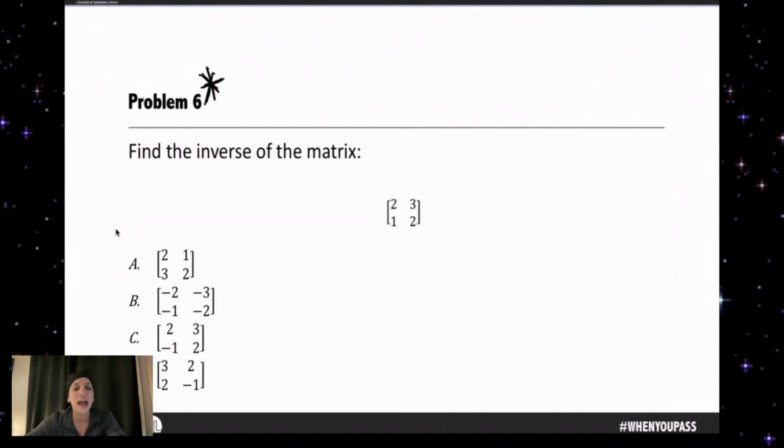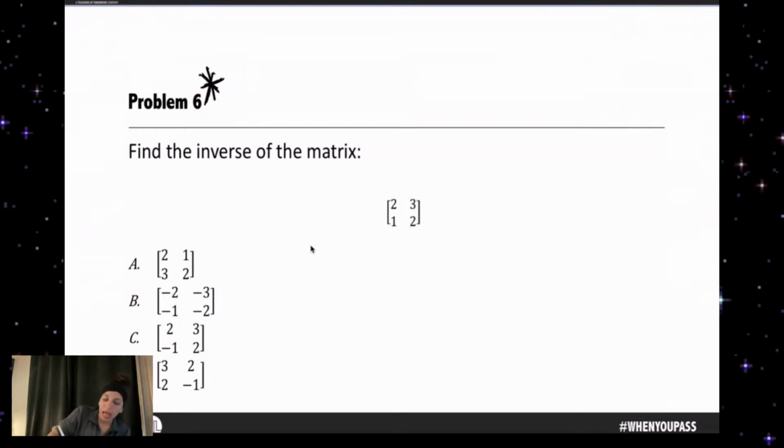To find the inverse of the matrix, we have a series of steps we have to do. If you don't know what those steps are, it's something that I have to Google every single time I do it. So I don't think we need to freak out about it if we don't remember it. But that said, here's how we find the inverse of the matrix.